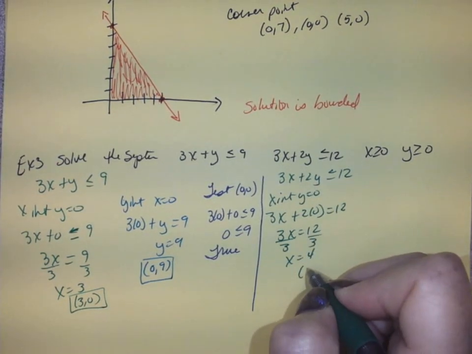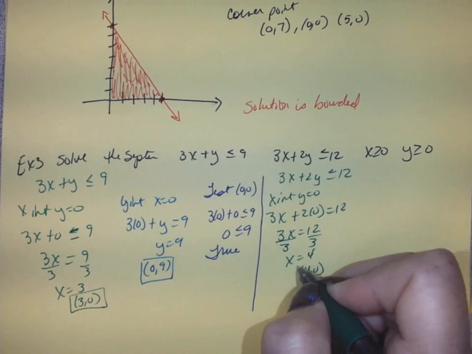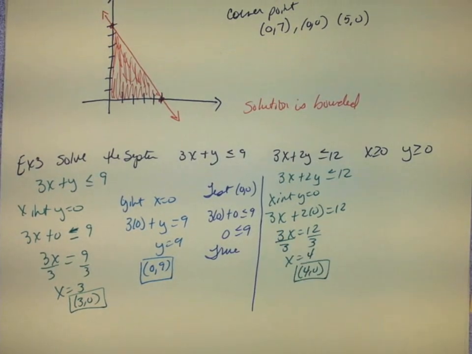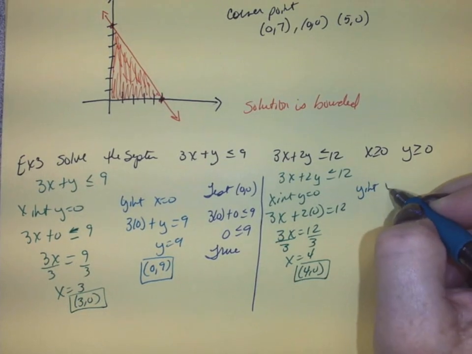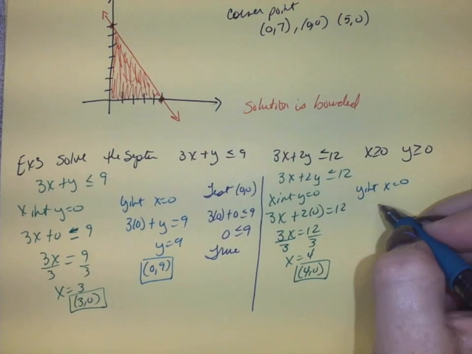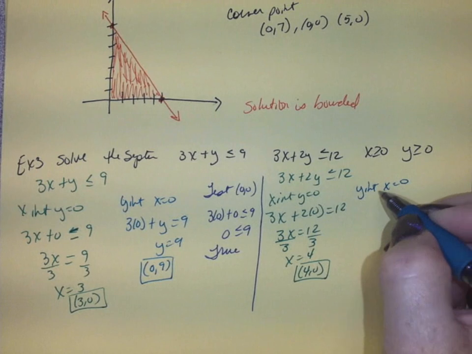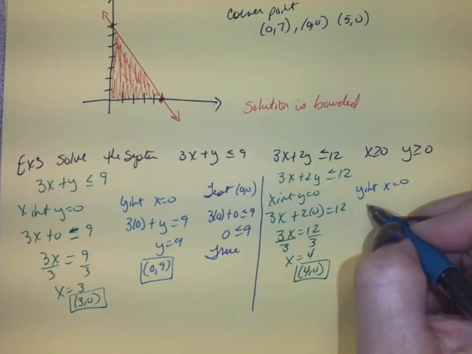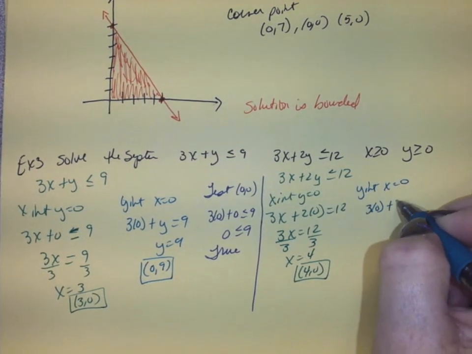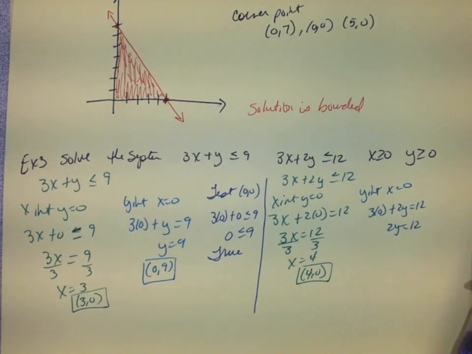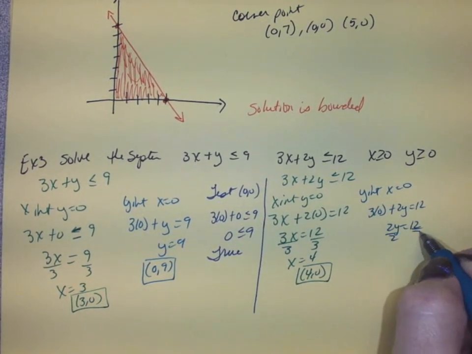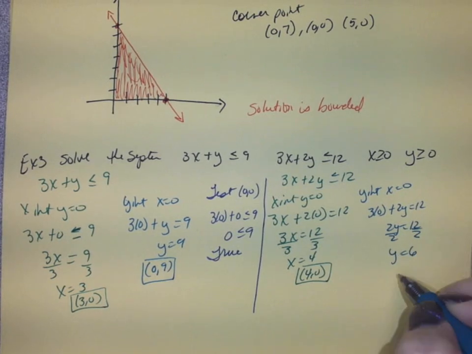So we have 4, 0 as our x-intercept. The y-intercept would be x equal to 0. So with x equal to 0, we'll have 3 times 0 plus 2y equal to 12. 2y equals 12. Divide by our 2, and y equals 6.